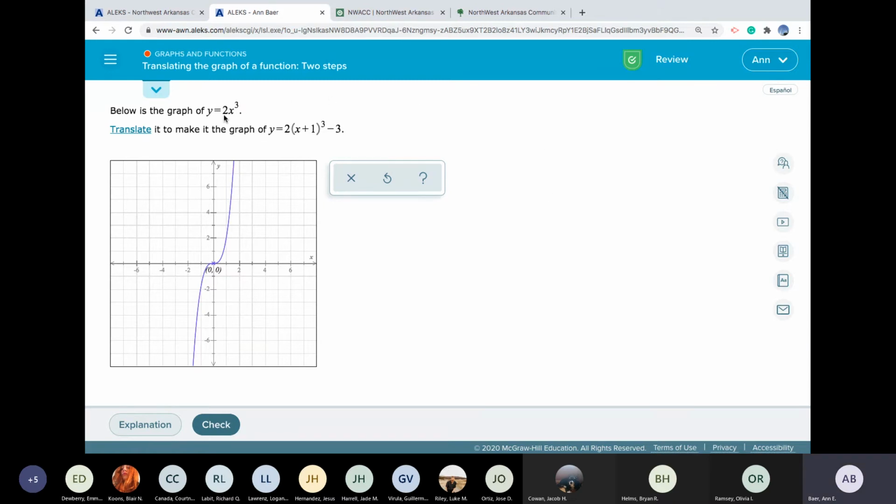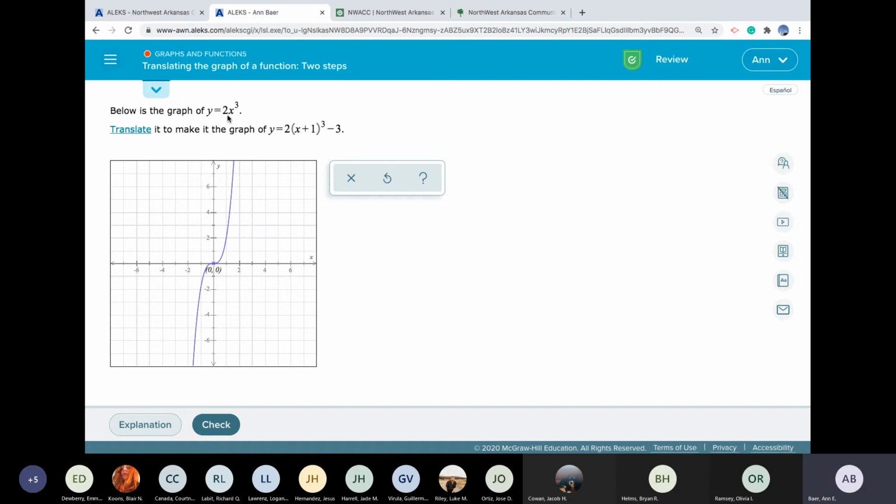So this 2 here, now this is not a parent function graph. That's what makes it confusing. It's not y equals x cubed. It's y equals 2x cubed. So this 2 has automatically been incorporated down here. You don't have to be concerned about that 2 at all because it's in the original function.